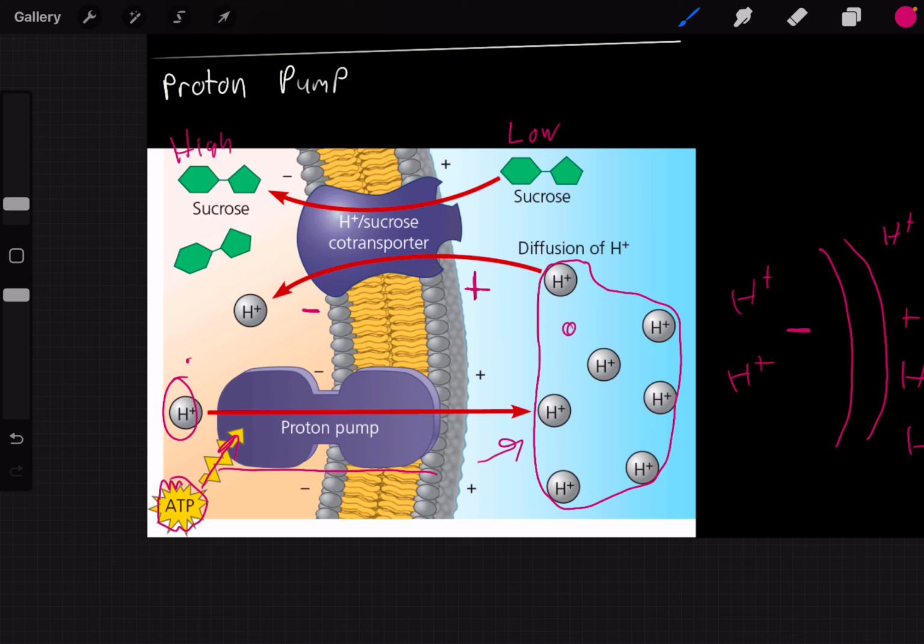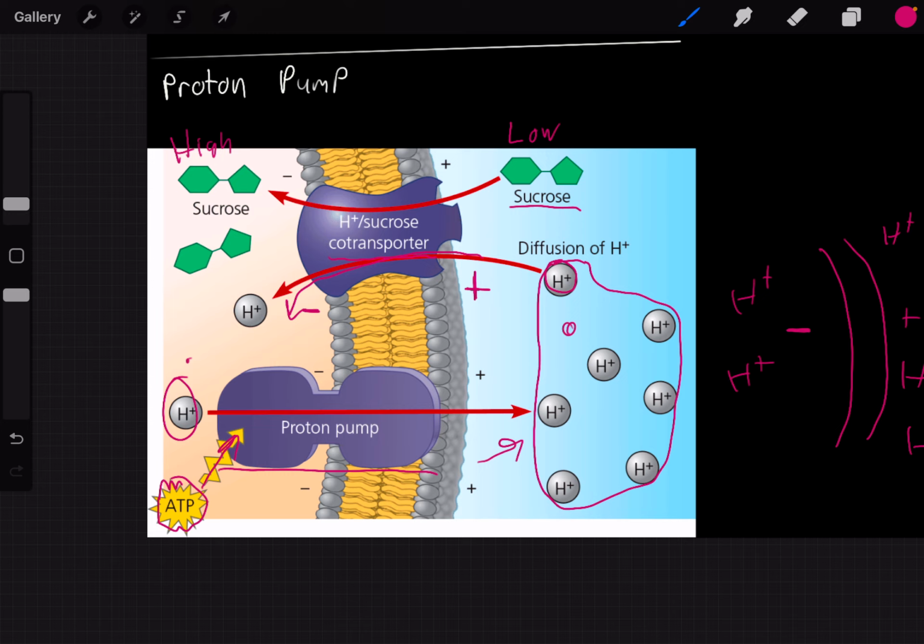So what do we do? We take the hydrogens that were pumped out and use a cotransporter called the hydrogen-sucrose cotransporter. For this example, sucrose wants to go from low to high, and the cotransporter uses the hydrogens from the proton pump to go back into the cell and also bring in the sucrose with it. So it acts as a coupling for the downhill reaction.